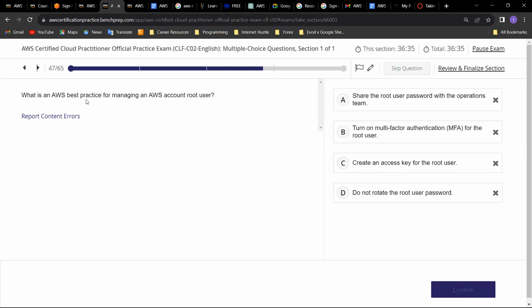What is an AWS best practice for managing an AWS account root user? It's a best practice.